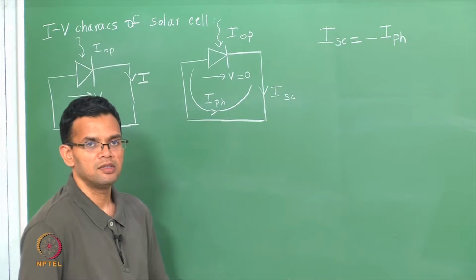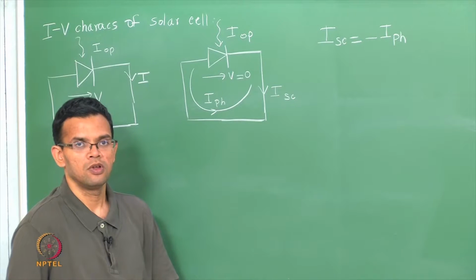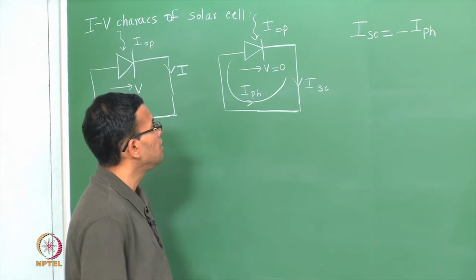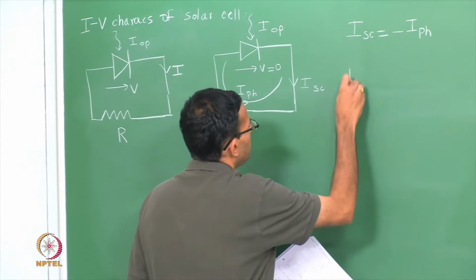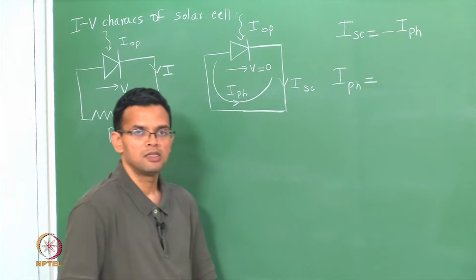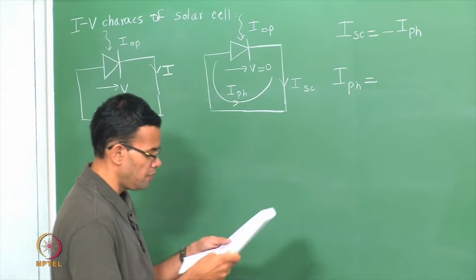So, ISC is the short circuit current, which is the current that flows through the device when it is short circuited, so when there is no external load, and this in turn depends upon the photocurrent IPH. Now, IPH depends upon the intensity of solar light that is shining on your device.